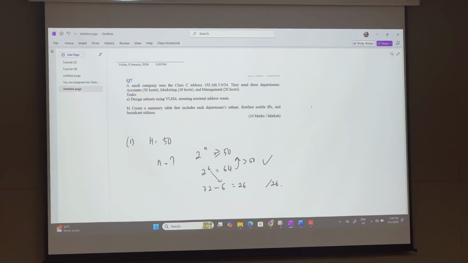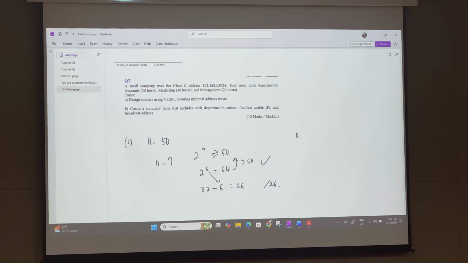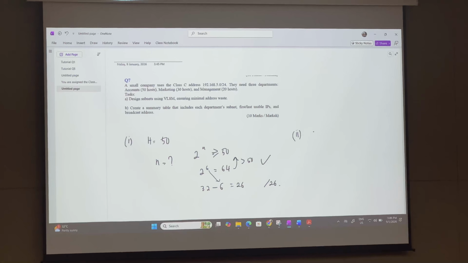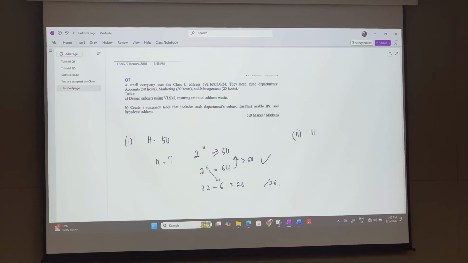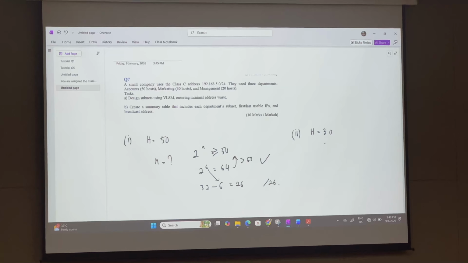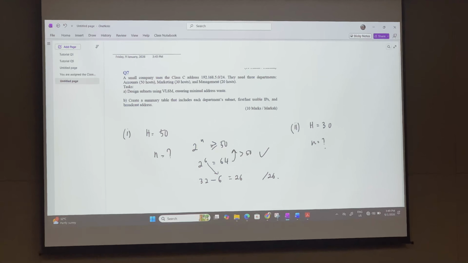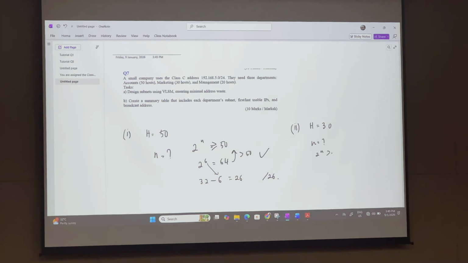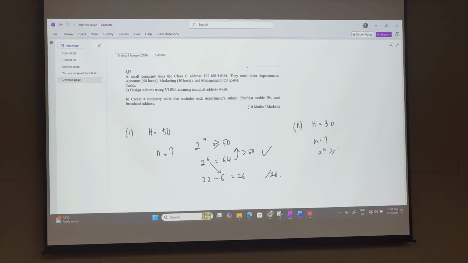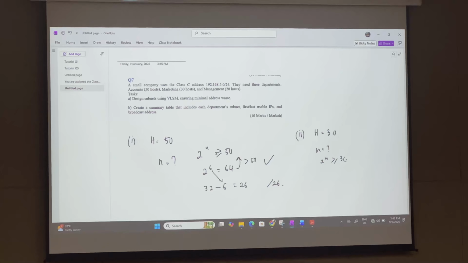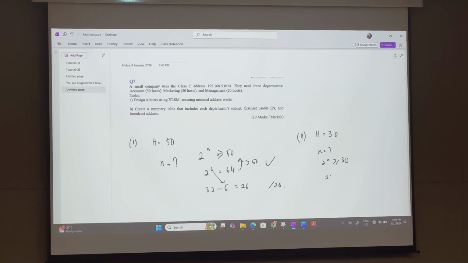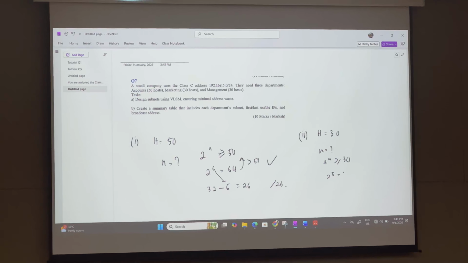Then for the second department, 30 hosts. We need to find the n. 2 power of n should be greater than 30. So 2 power 5 is sufficient, 32.